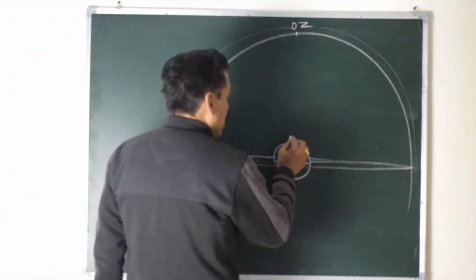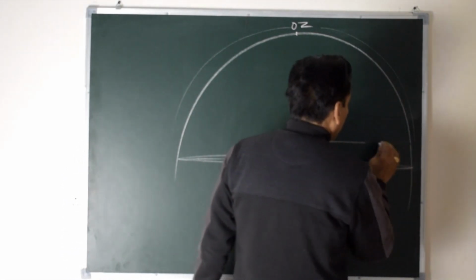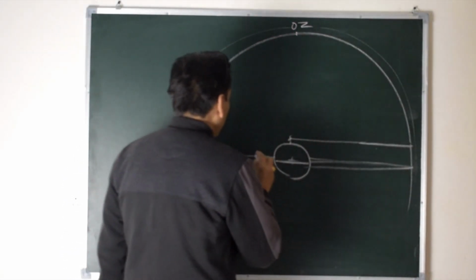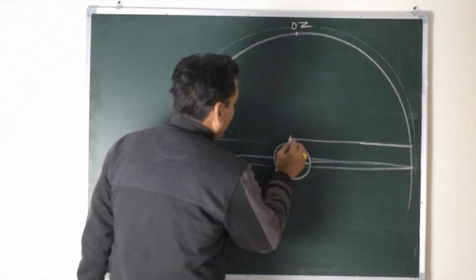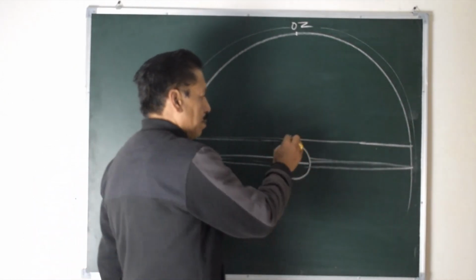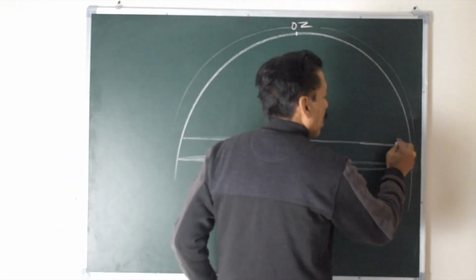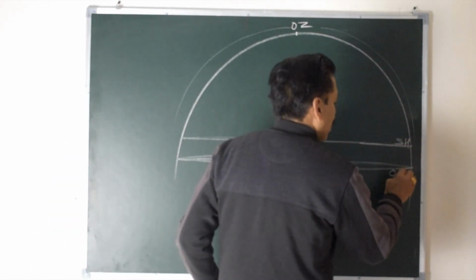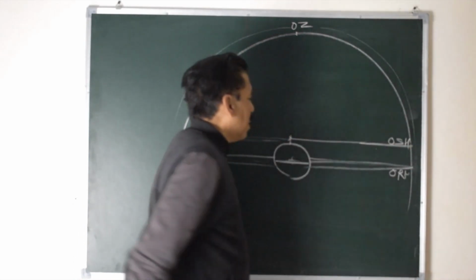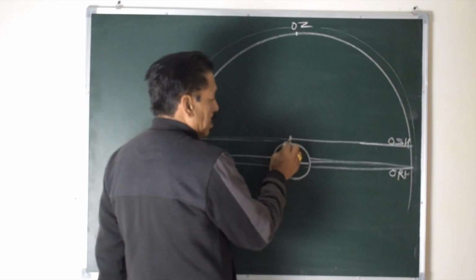If you consider a small circle whose plane is parallel to the plane of the observer's rational horizon but passes through the observer's eye, this would be called the sensible horizon. There is yet another horizon.